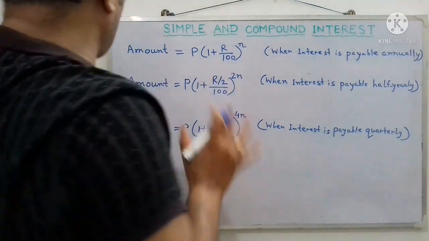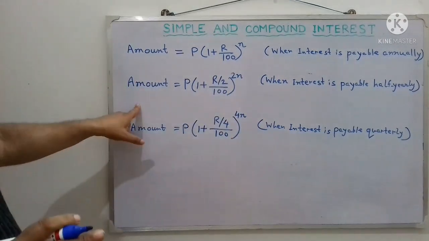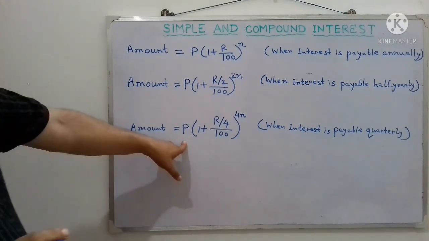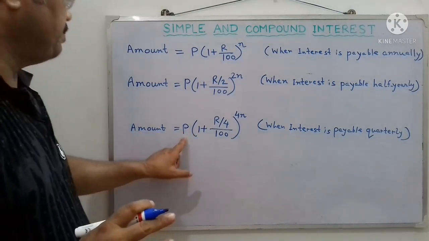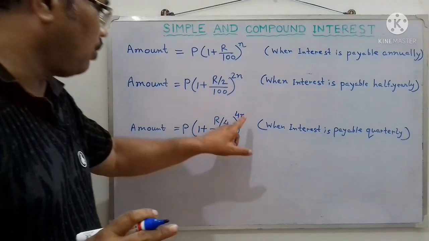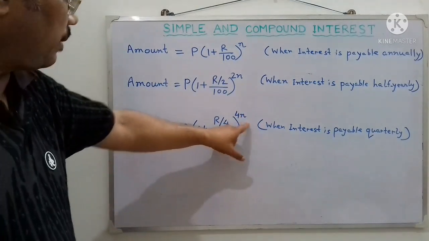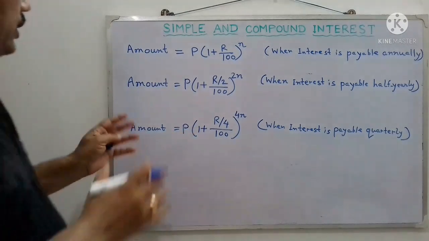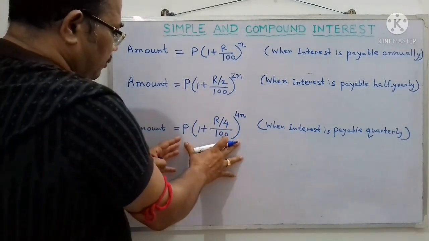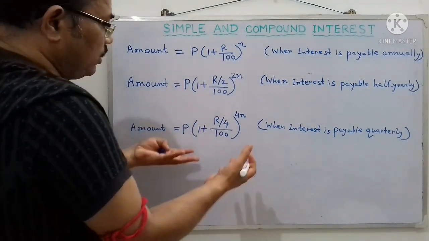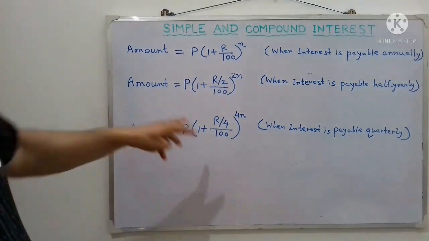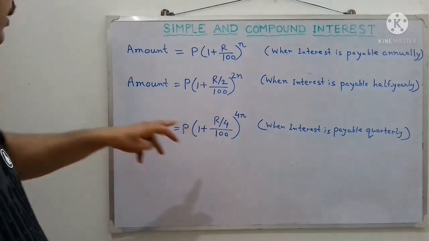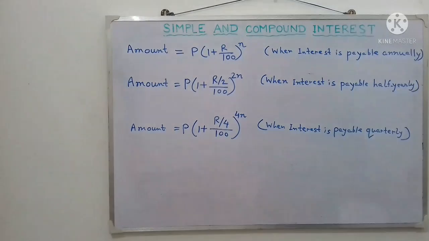So by using this formula, we can calculate the principal, rate of interest or number of terms, whichever is not given, by using the known terms.